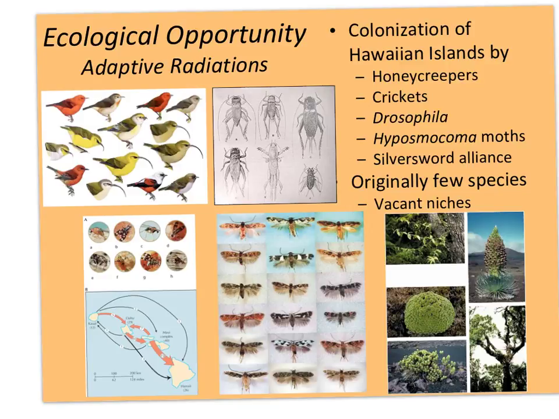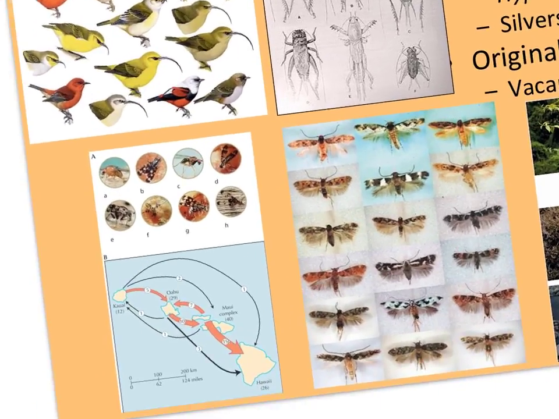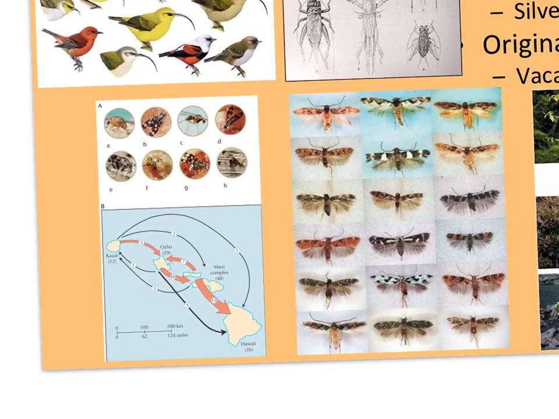The Hawaiian Islands originated because there's a hot spot where molten magma erupts and creates new islands, as the plates that all the continents are on start moving across this hot spot. And so you have a series of islands from oldest to youngest.